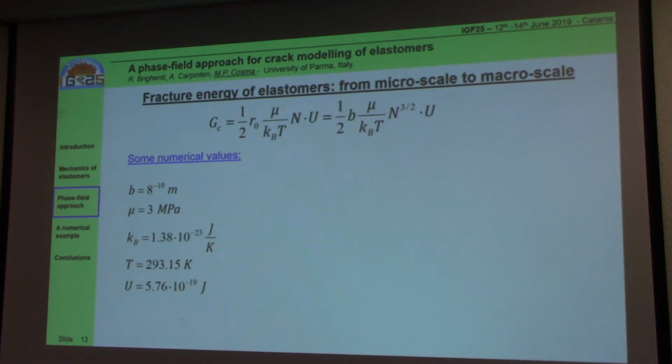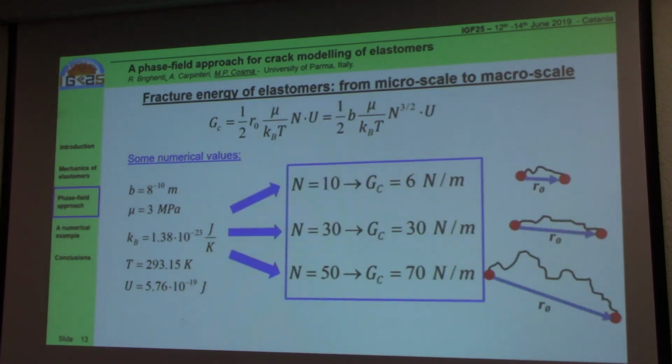Here are some numerical values to understand the order of magnitude of this value for our polymers. As you can see, by increasing the number of statistical Kuhn segments in the chain, that means that we have longer chains in our network. Longer chains are less prone to fail.